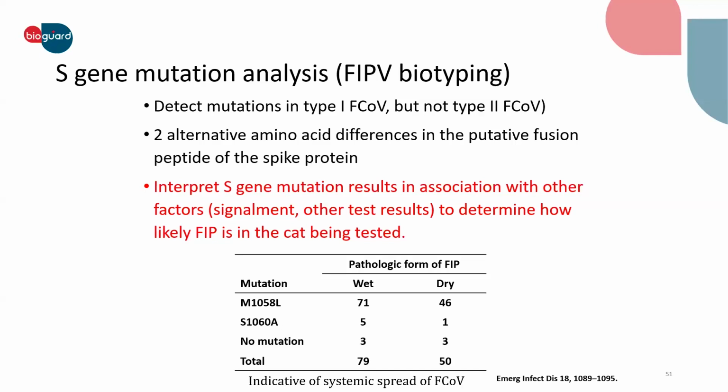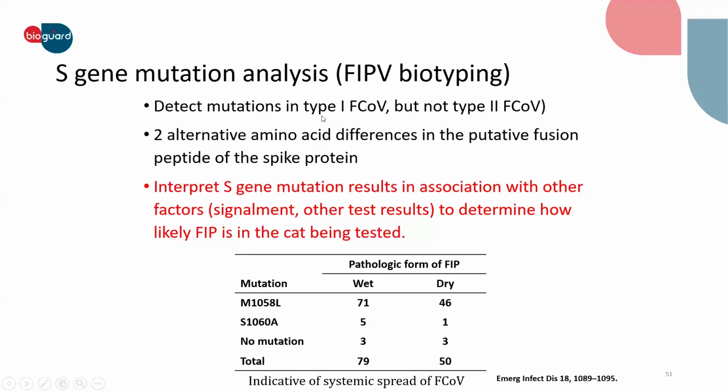There is also a detection method called the S gene mutation analysis, or FIPV biotyping. That's because we know FIPV is derived from mutated FECV. In early studies, they tried to identify what kind of mutation makes FECV become FIPV, and they detected two mutations in the spike protein, which you can see here. They think these are highly related to FIPV.